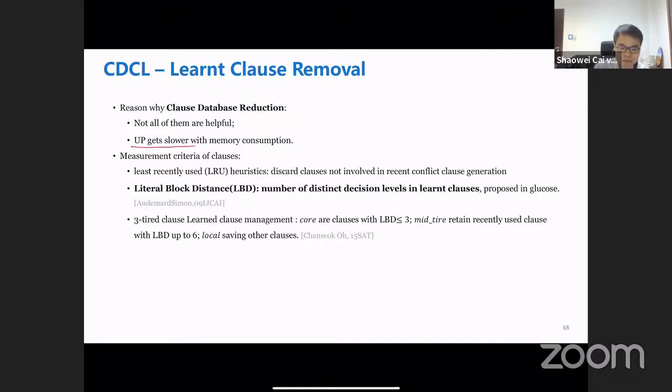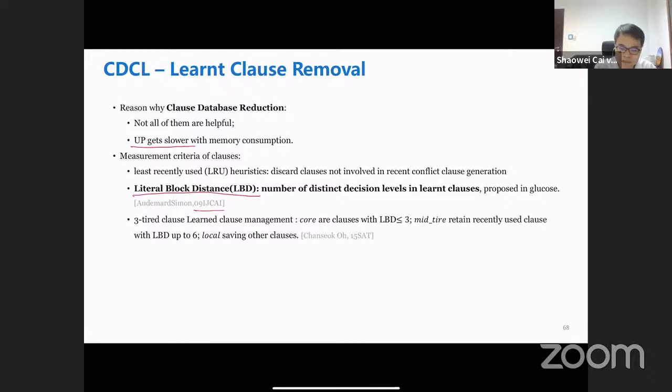To manage the clauses, an important breakthrough is the LBD. Before that, we just used the LRU heuristic, least recently used: simply discard clauses that are not involved in recent conflicts. But in 2009, the LBD heuristic was shown to be much better than LRU.